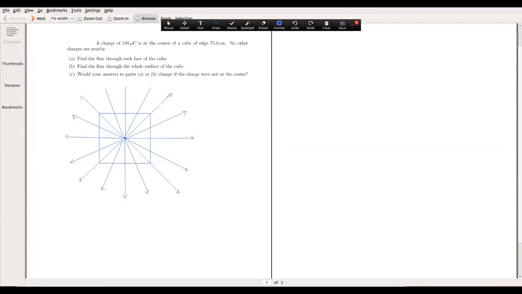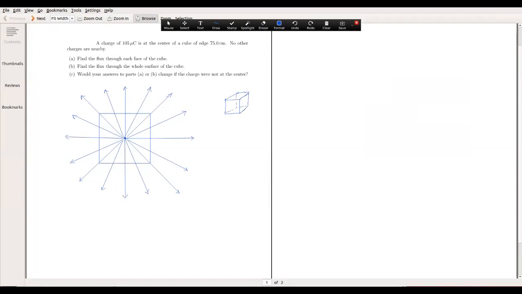So that represents your field lines. This is, of course, a cross section of the cube. The cube itself would look like this. That's how the cube would look in a three-dimensional image.